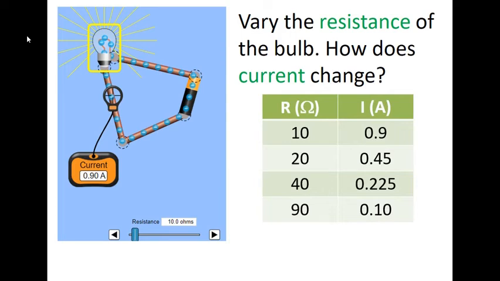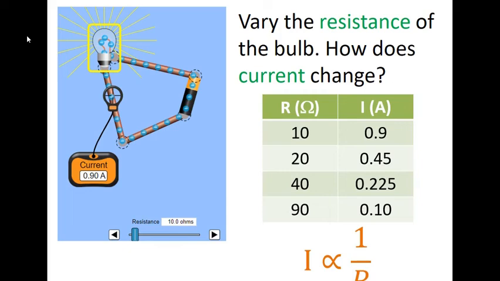The higher the resistance, the less current. And that makes sense based on how we defined resistance as opposing the flow of current. If there's more resistance, there's going to be less current. This relationship is an inverse relationship. So current is inversely proportional to resistance, or it's proportional to 1 divided by resistance.